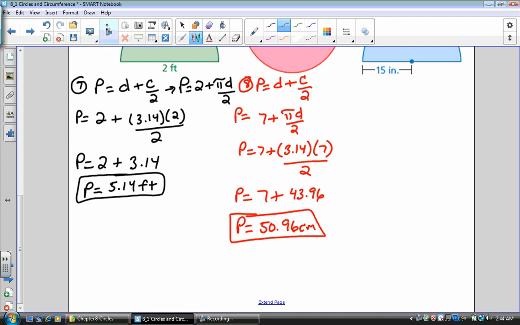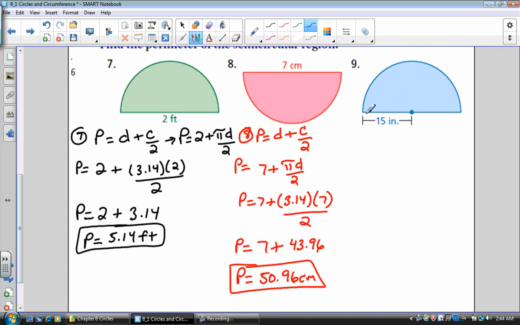Then our last example here, let's scroll up a little bit so we could see it. We're given a radius, right? So if the radius is 15, we need this whole distance here to find the circumference. So that's going to be 30 inches, which is my diameter. So perimeter is going to be equal to the diameter plus the circumference over 2. Perimeter is going to be equal to my diameter, which is 30, plus pi times the diameter over 2.